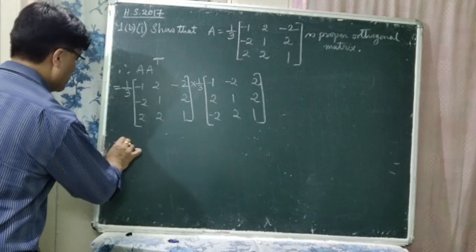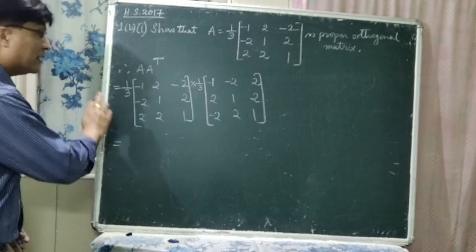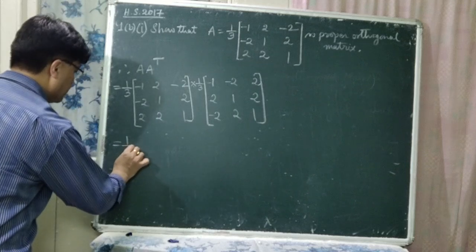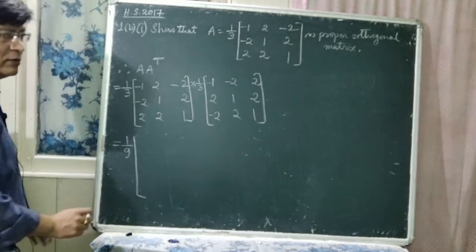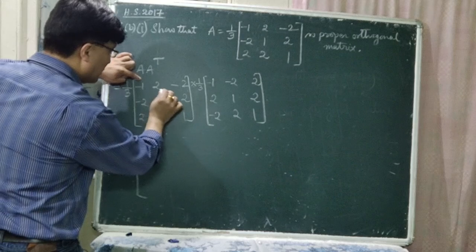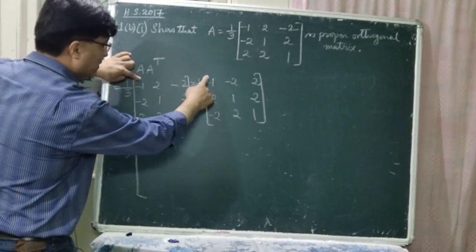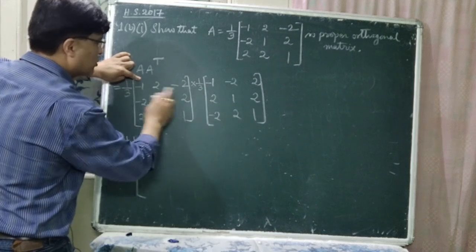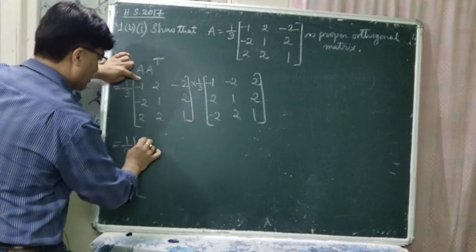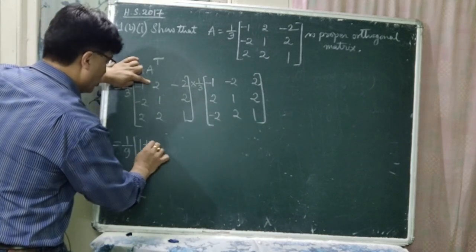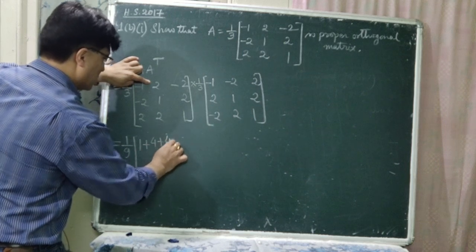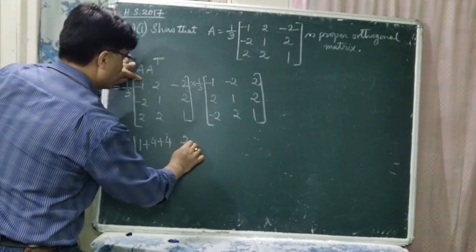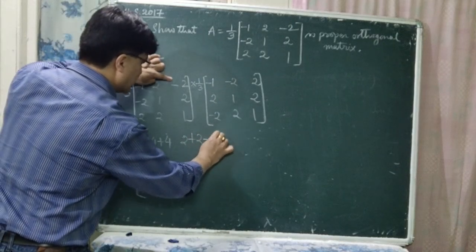Next, you can multiply these two matrices. So 1/3 into 1/3 is 1/9, right? Now you have to multiply these two matrices, first row by first column. You know how to multiply them. So it is -1, corresponding elements should be multiplied: 1, +4, +4. Then first row by second column: +2, +2, -4.